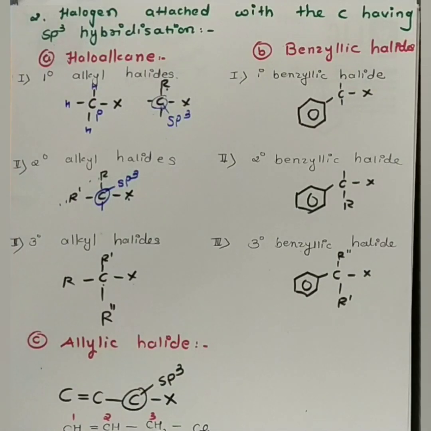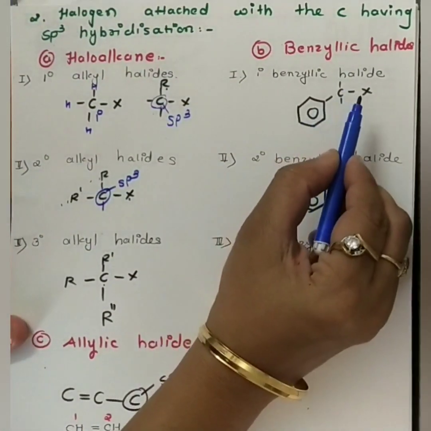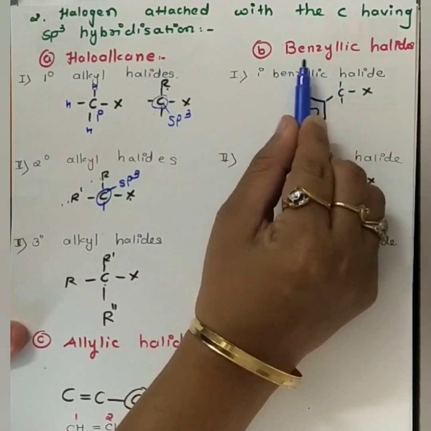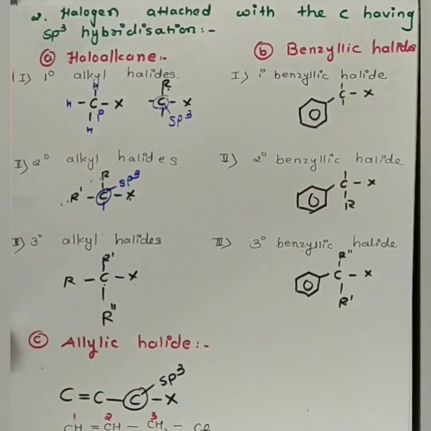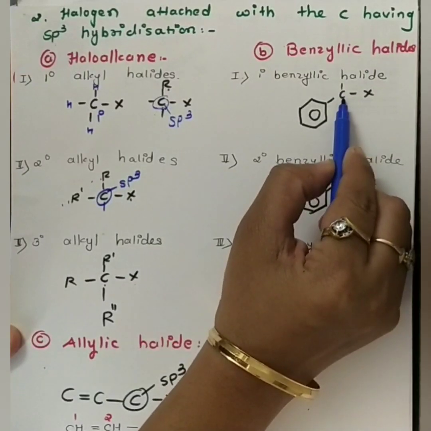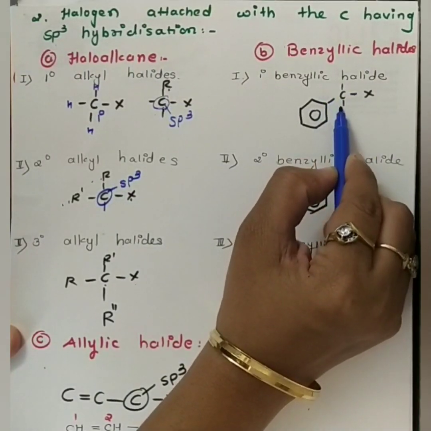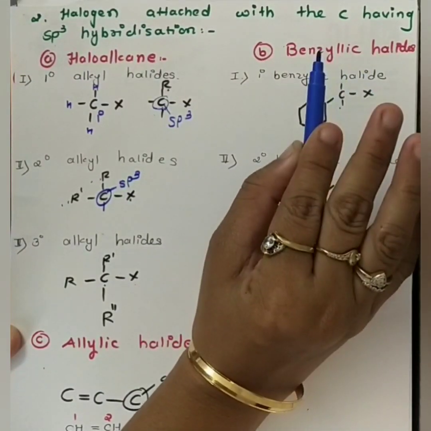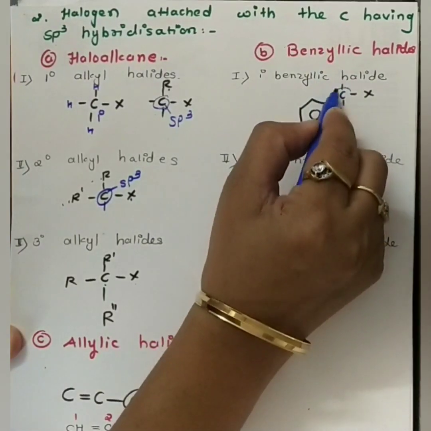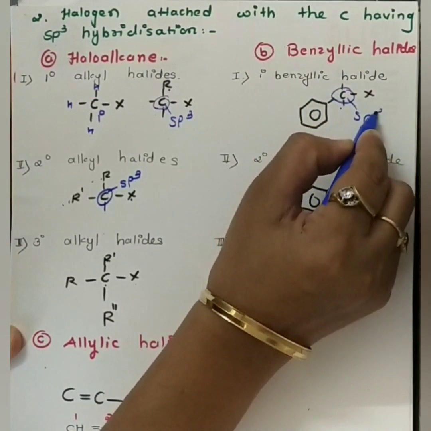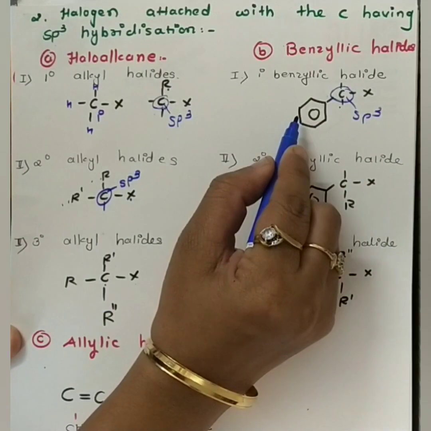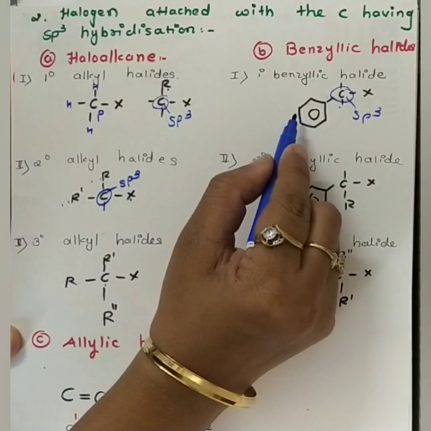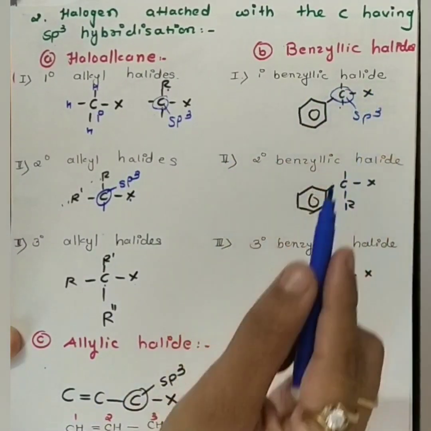Similarly, this is also in the category of sp3 hybridized carbon, but this is the next category, that is benzylic halide. Halogen is attached with a carbon, definitely all single bonds, so this is an sp3 hybridized carbon. If this sp3 hybridized carbon is attached with the benzene ring, then this is a primary benzylic halide.